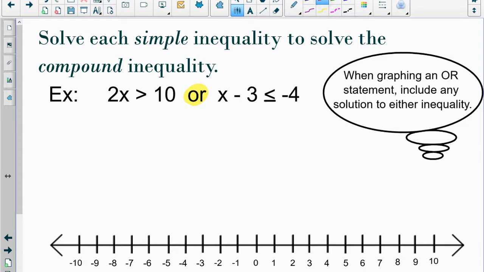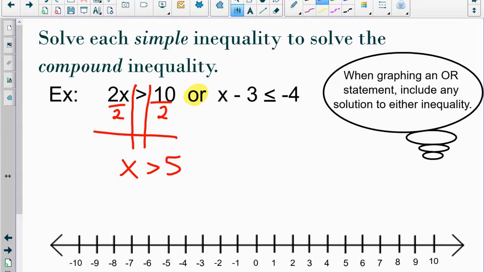To solve this, we solve each simple inequality by itself. In the first inequality, 2x is greater than 10, I divide by 2 to get x by itself. I get x is greater than 5.